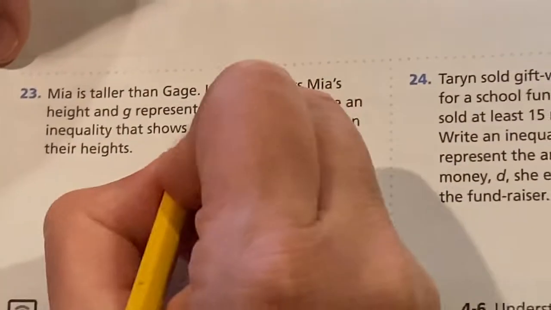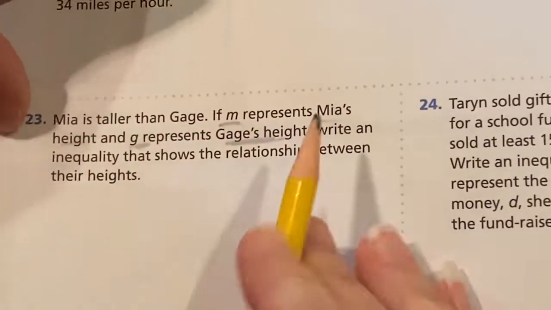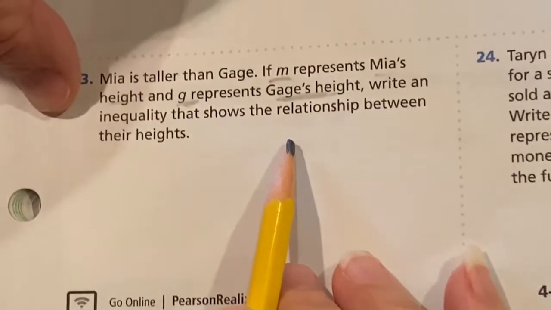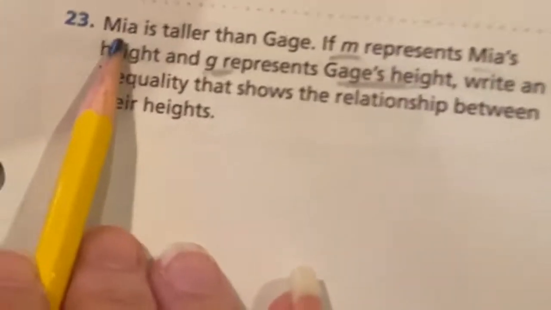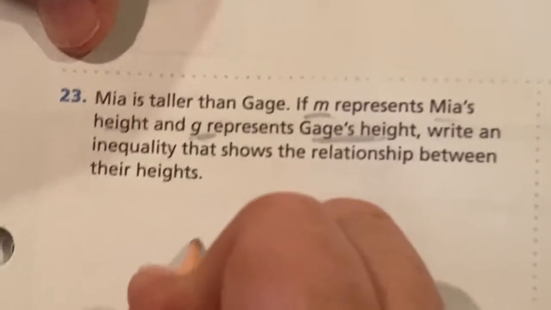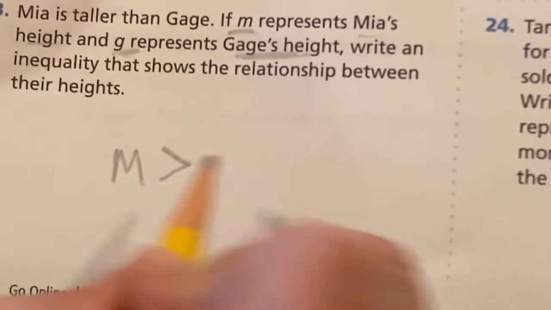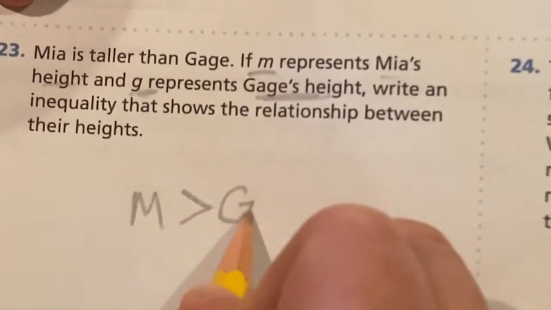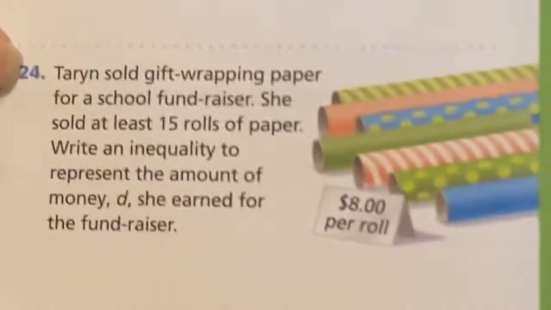Right off the bat, it tells us that Mia is taller than Gage. So, if Mia's height is M, then it is greater than Gage's height.